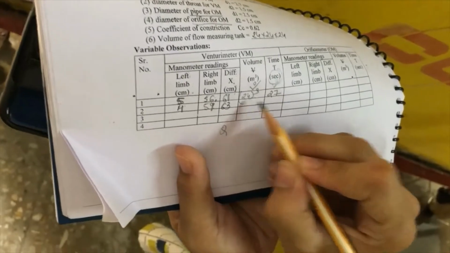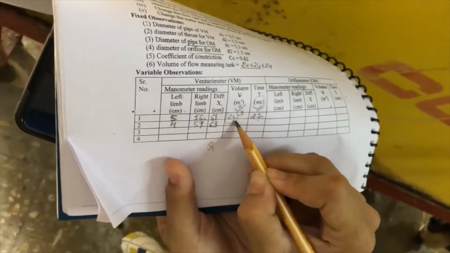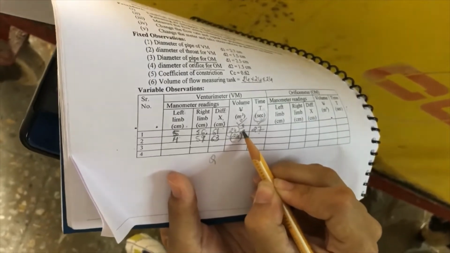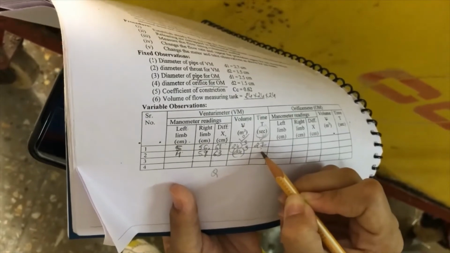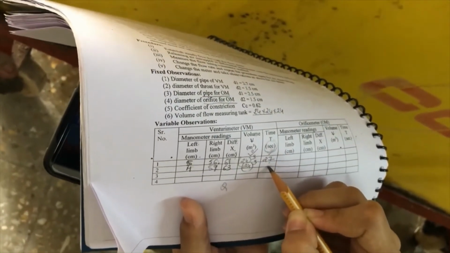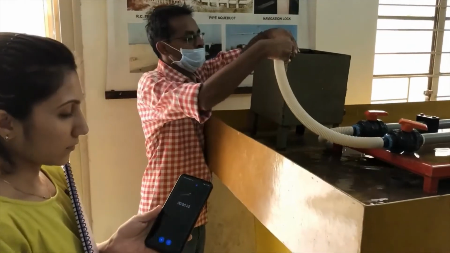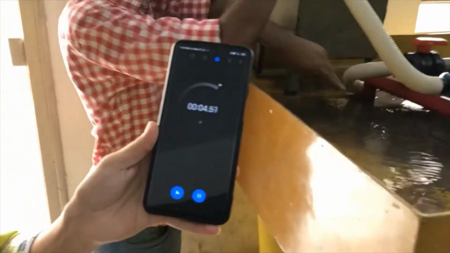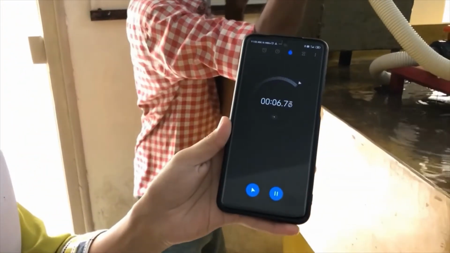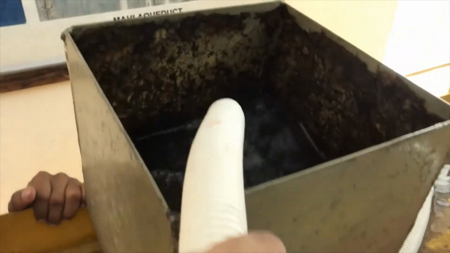Again we need to calculate the time taken by this tank, whose volume is the same, 24 cube in centimeter, to get filled up. So again we will start the stopwatch. Here you can see the time is being noted in seconds, and the tank is getting filled with water.